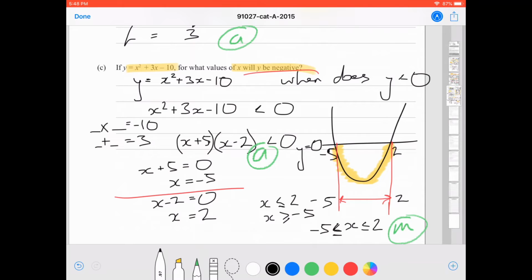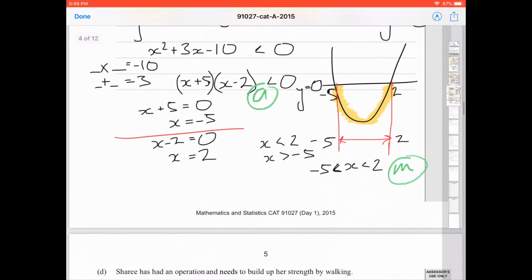Now that's not true because the original question said less than 0. So that would not be correct, and you would limit yourself to an achieved here. Anyways, moving on to question 2D now.